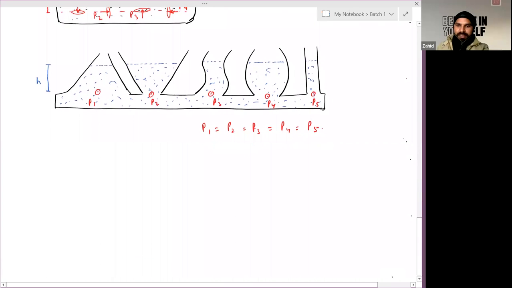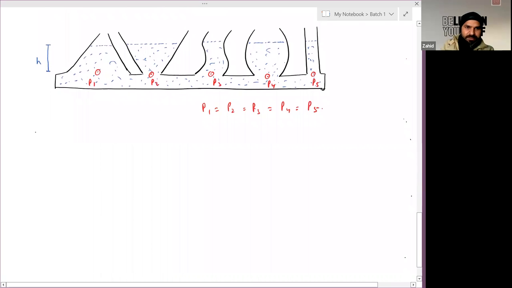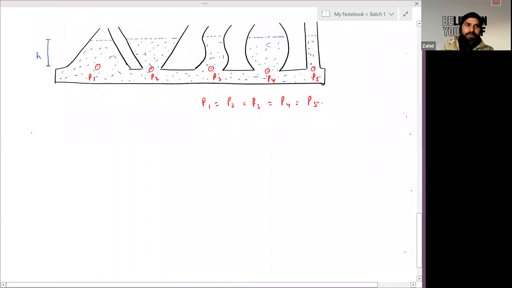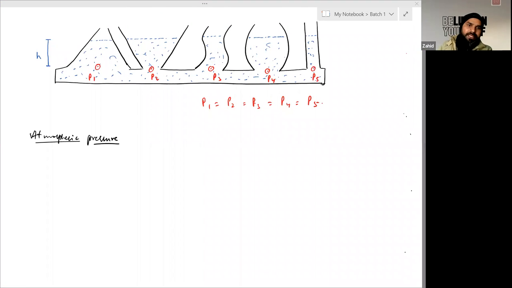On the basis of this part, gauge pressure, let me define you the concept of atmospheric pressure and how to calculate its value. First, tell me, do you have any idea what you mean by atmospheric pressure?